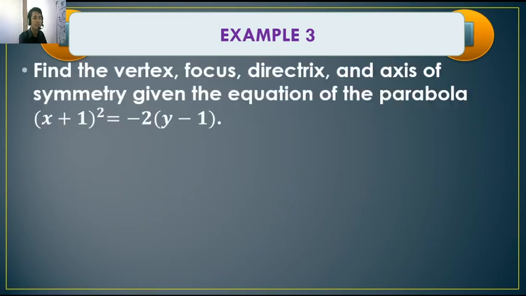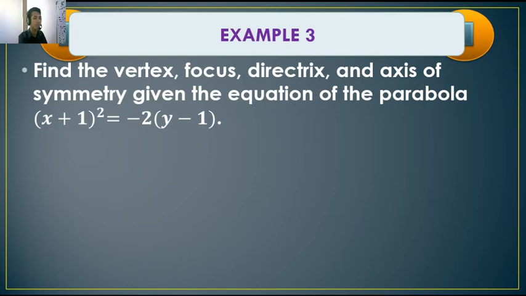Okay, next, example number 3. Find the vertex, focus, directrix, and axis of symmetry given the equation of the parabola. We have the square of the sum of x and 1 is equal to negative 2 times y minus 1. Again, I want you to observe our standard form equation.